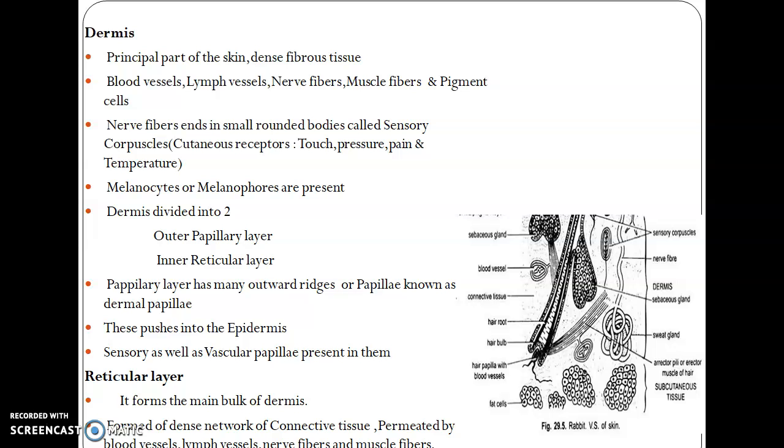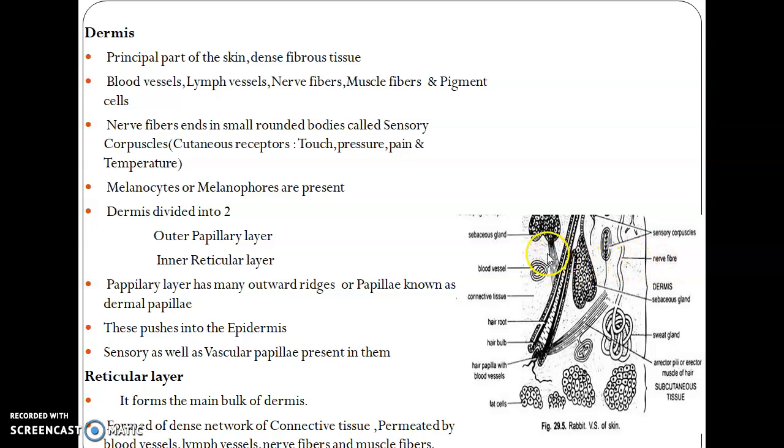The dermis is also divided into two different layers, that is the papillary layer and the inner reticular layer. The outer layer is called the papillary layer, and the lower portion is called the reticular layer. The papillary layer has many outward ridges, that are called sensory papillae.